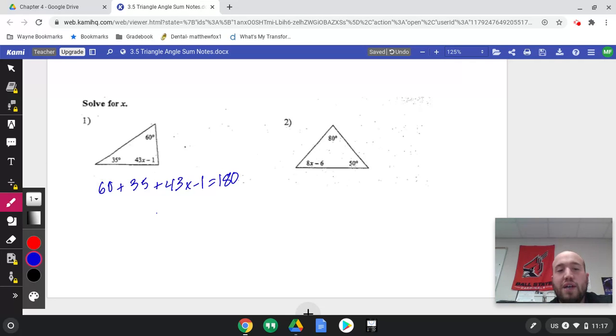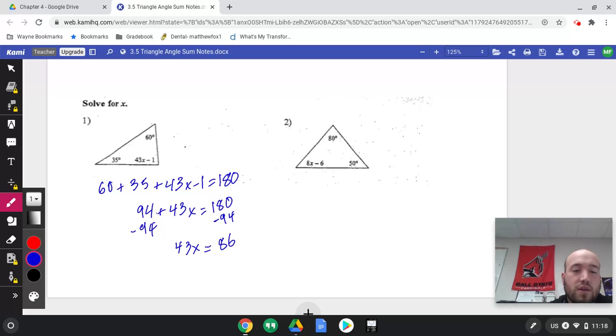You still could do that and then set what you got equal to 43x minus 1. I'm just going to put it all together, though. So let's combine our like terms. 60 and 35 is 95, minus the 1 gives us 94. We'll subtract that 94 and be left with 43x equals 86. We divide by 43, and we get x equals 2.